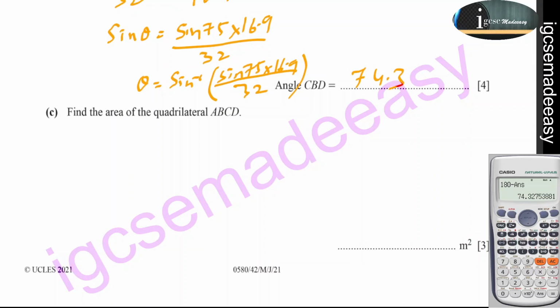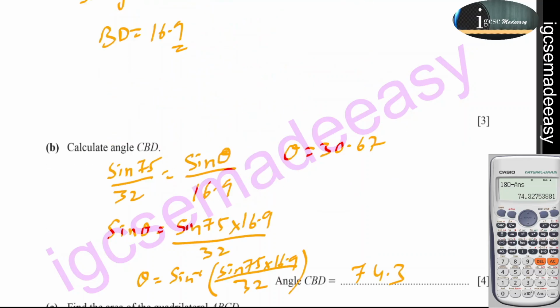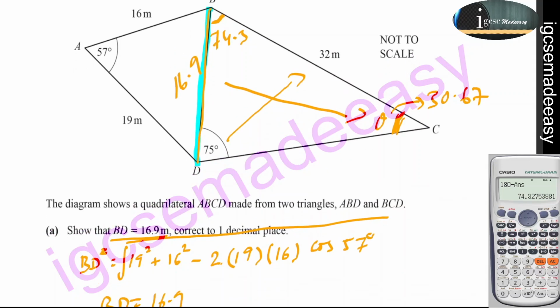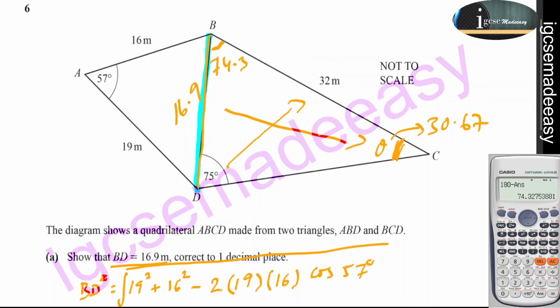Part C, find the area of quadrilateral ABCD. So the area is actually both of the triangles added together. Both triangles can be solved using the area formula with sine. I can write it over here itself.